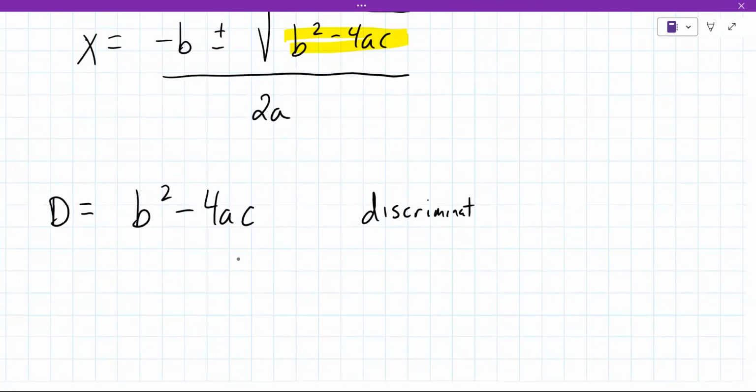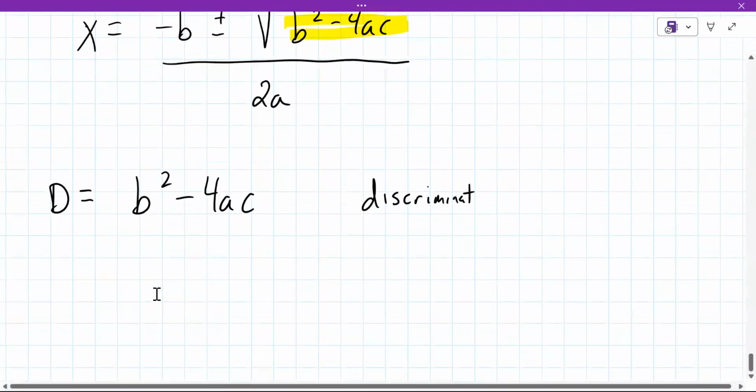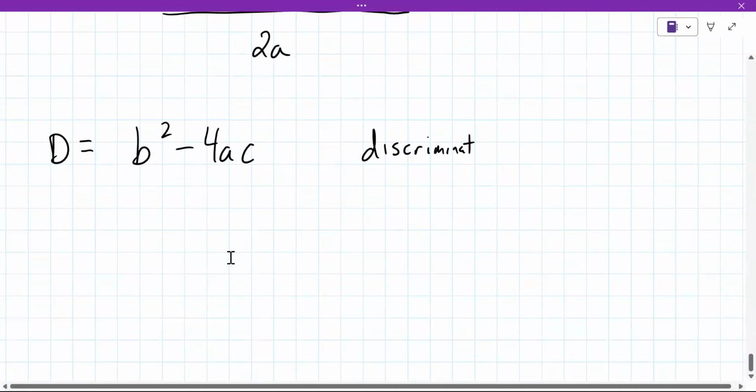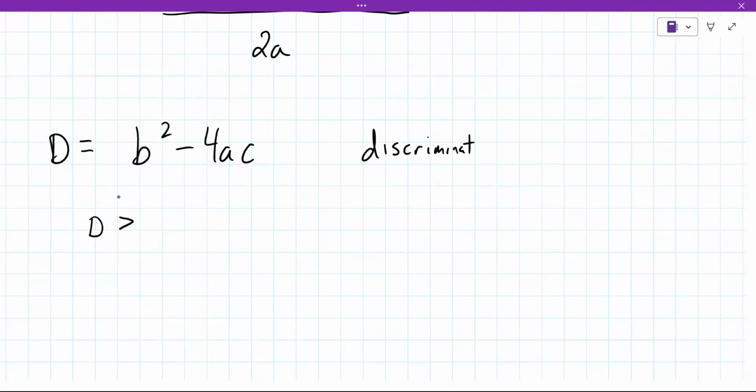Not super important. Okay, so there are three possibilities for the discriminant. And I don't know where to tell you to put this, maybe under the completing the square, but this is stuff you'll want on your test notes. If the discriminant is greater than 0, meaning it's positive, it has two real solutions.